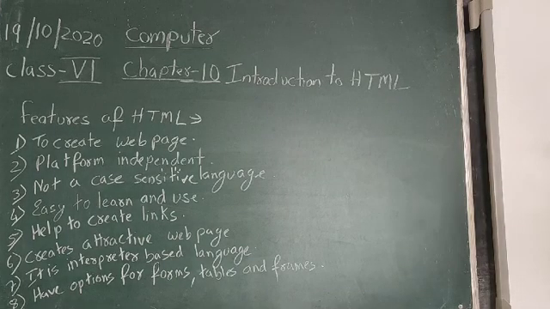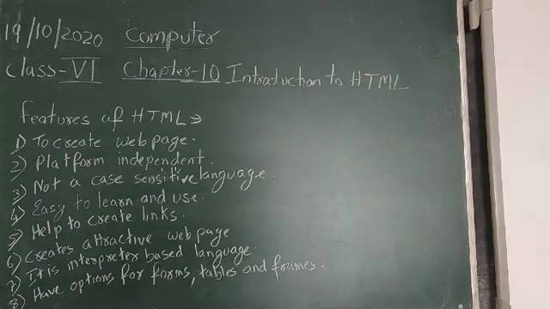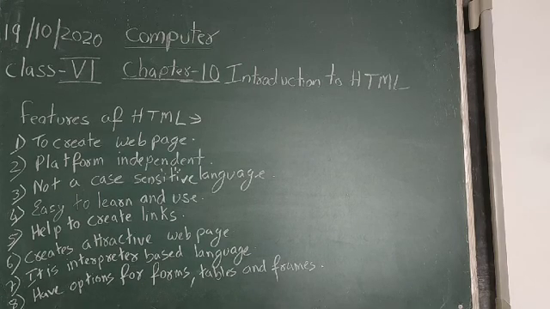You can create your own form and ask the user of the website to enter text or data, or to submit the text over the internet, to accept text from the user, tables to define or compare two different values, and frames. You can add pictures there, videos itself. So it is a very interactive language, and these are the several features of HTML.